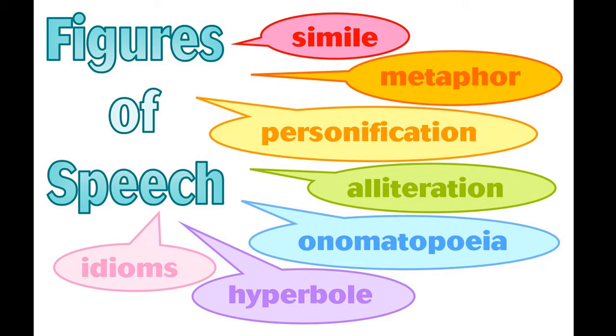It is an intentional deviation from ordinary language. Figure of speech is intentional deviation from ordinary language. It is used to carry meaning other than what they ordinarily signify. These figures of speech are used in literature, novels, poems to increase the beauty.